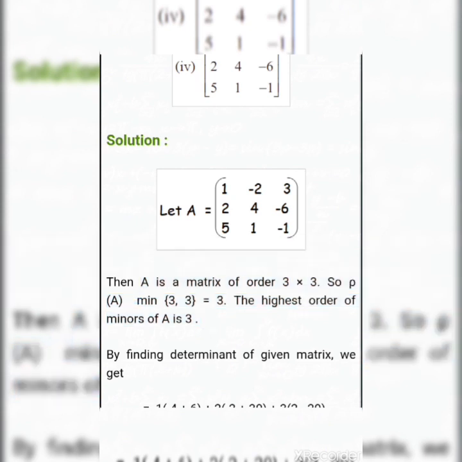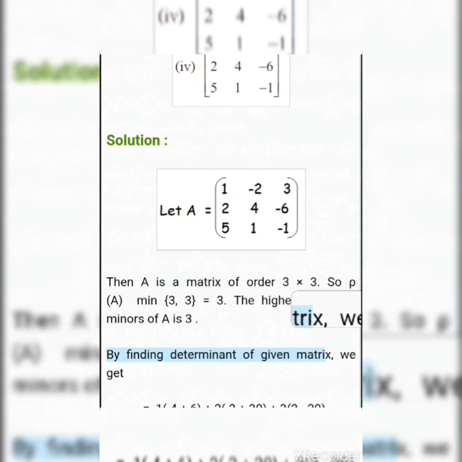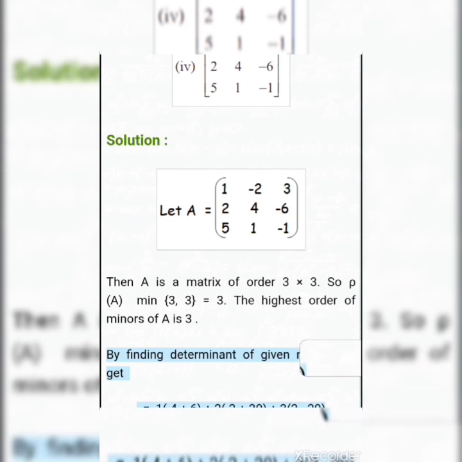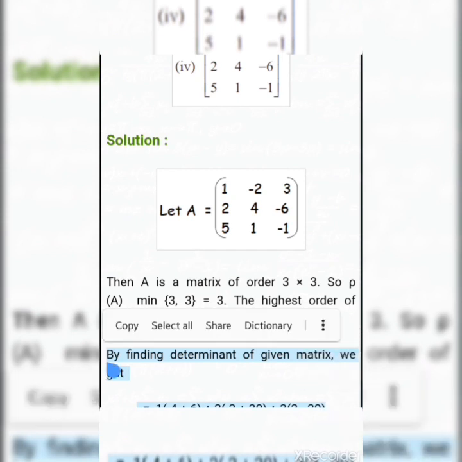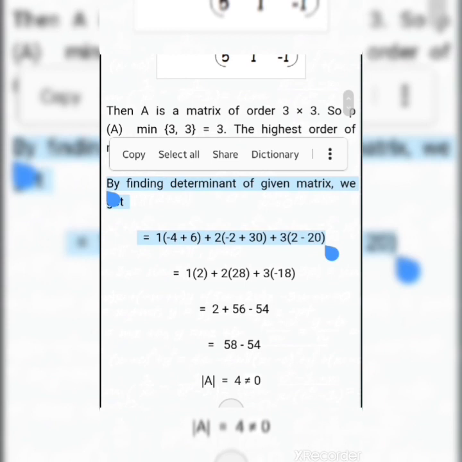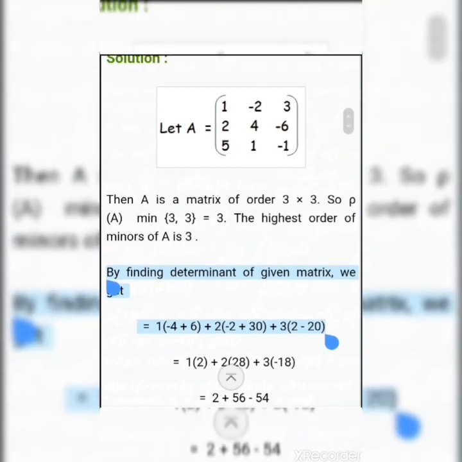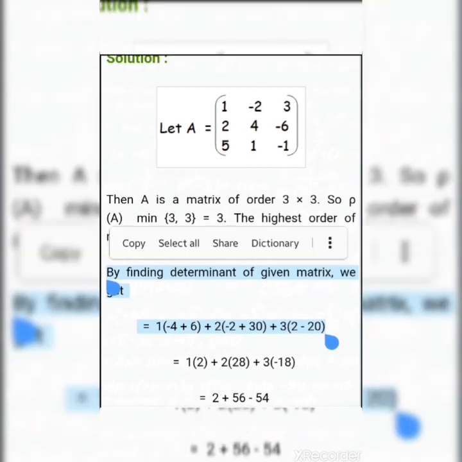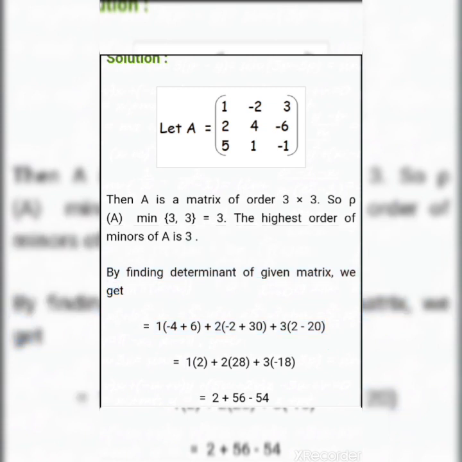By finding the determinant of the given matrix, we expand along R1. For the entry 1, the corresponding row and column are eliminated, then 4 into minus 1 minus 4.